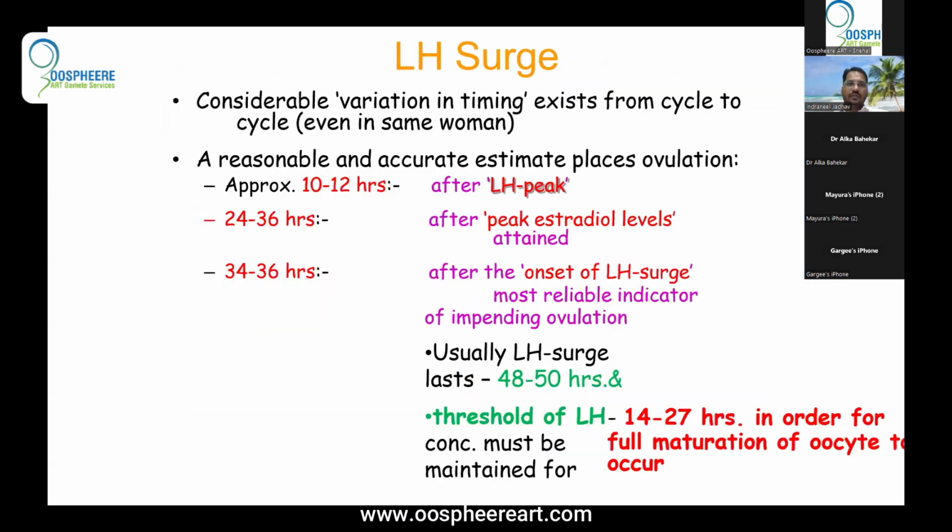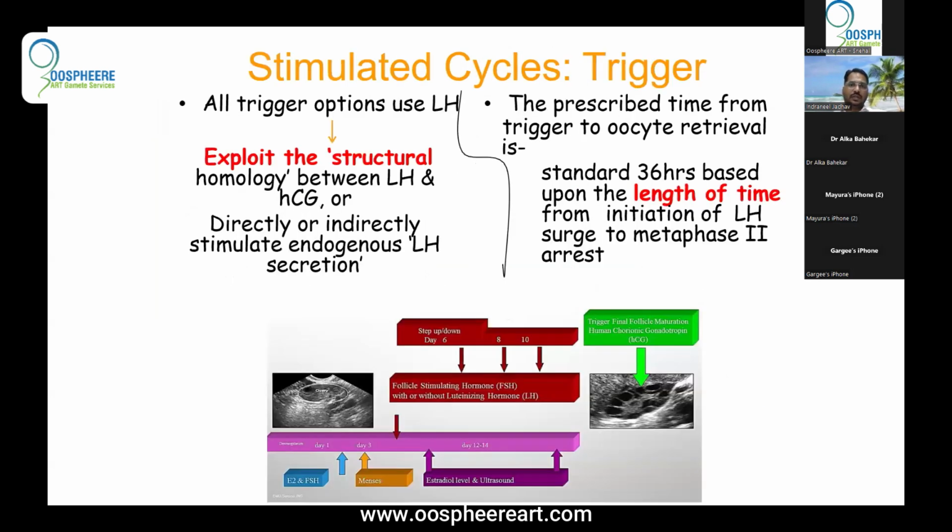So we can say that the reasonably accurate time of ovulation may be 10 to 12 hours after the LH peak, or 24 to 36 hours post estrogen peak, or maybe 34 to 36 hours after the onset of the LH surge. The threshold of LH surge should be maintained for a minimum of 14 to 27 hours in order for full maturation of the oocyte to occur.